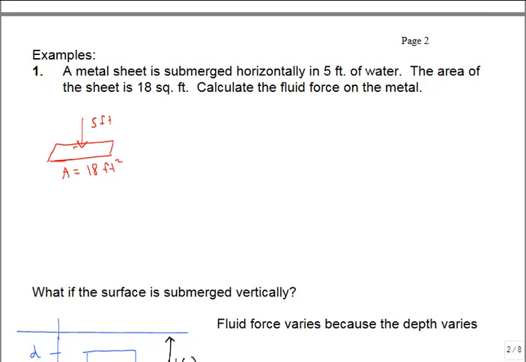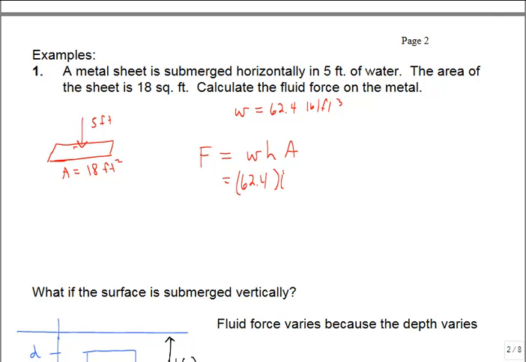Well, first of all, we're talking about water, so the weight density for water is 62.4 pounds per cubic foot, and as we just defined, the fluid force is going to be the pressure, which is this weight density times the depth, times area. So it's pressure times area. And our weight density is this 62.4.